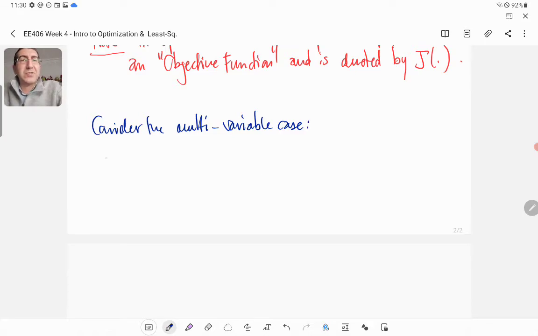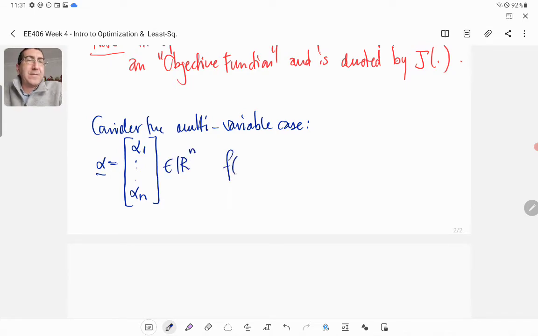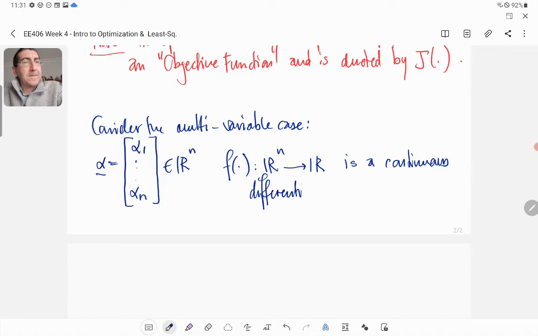Which is the generalization, right? Alpha actually becomes a vector of independent variables up to alpha n, so that is an element of Rn. F, as I said, becomes a function from Rn to R. It needs to be a continuous, differentiable function of alpha.